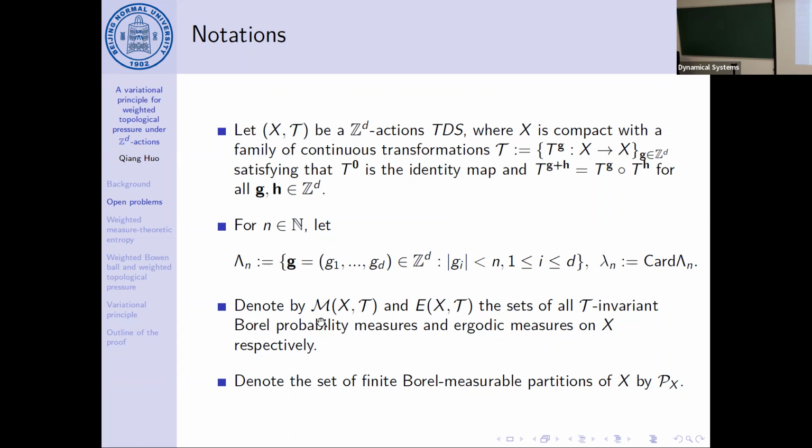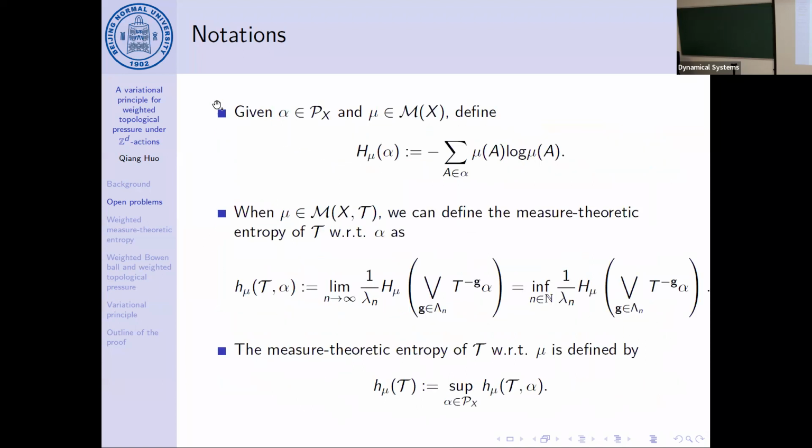We denote by M(X,T) and E(X,T) the sets of all invariant Borel probability measures and ergodic measures respectively. And we also denote by P_X the finite Borel partitions of X. Here are some notations.